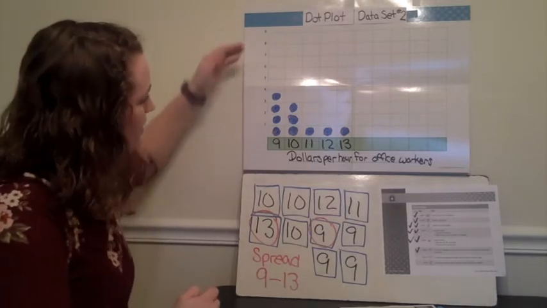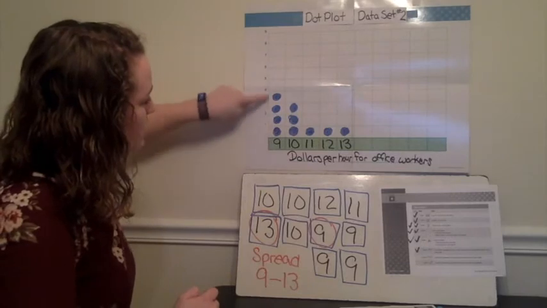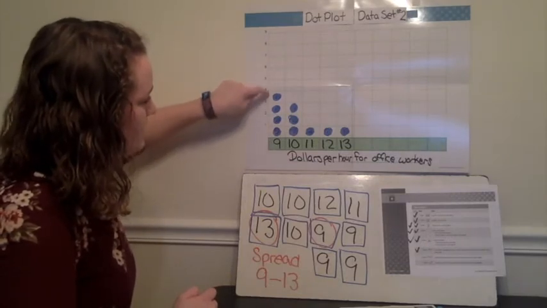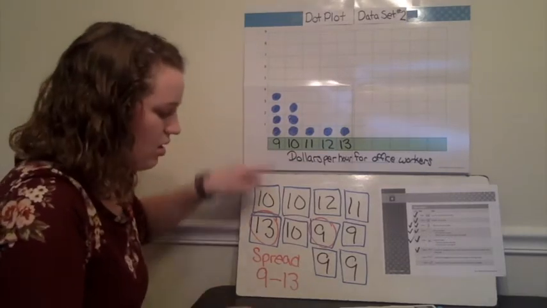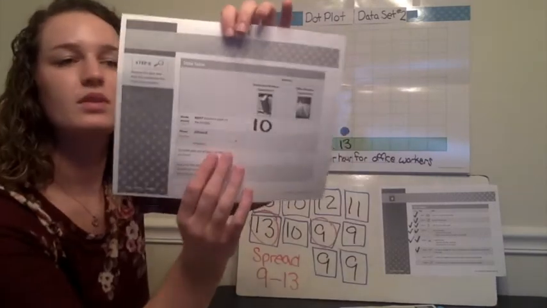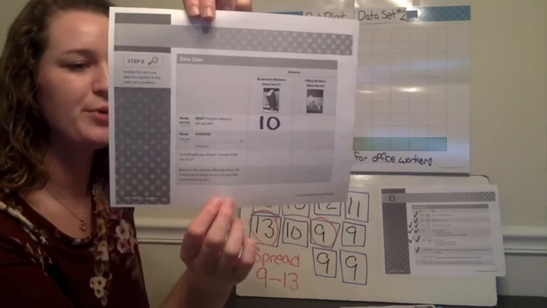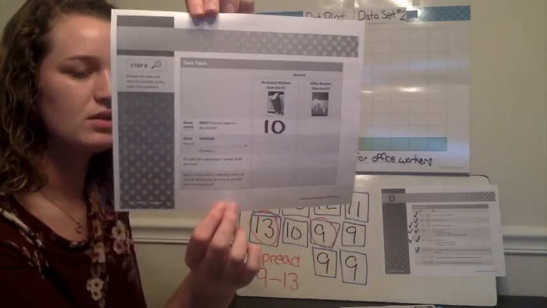Let's see. I think 9 is our tallest one. We have 4 dots right here. It's our tallest one. So on the last page, page 20, that has our data table, we're going to put down our mode for data set 2.